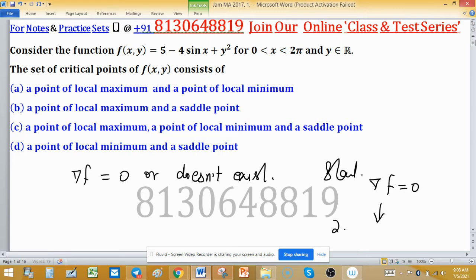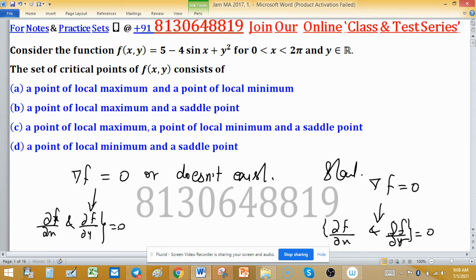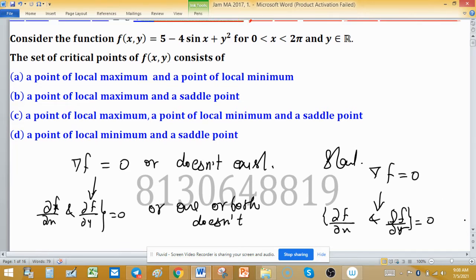It means that partial f with respect to x and partial f with respect to y are both 0. For a critical point, either both are 0, or one or both don't exist. So we will find those points where the partial derivatives are either 0 or do not exist.